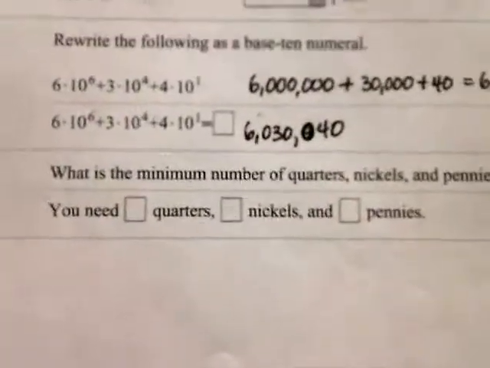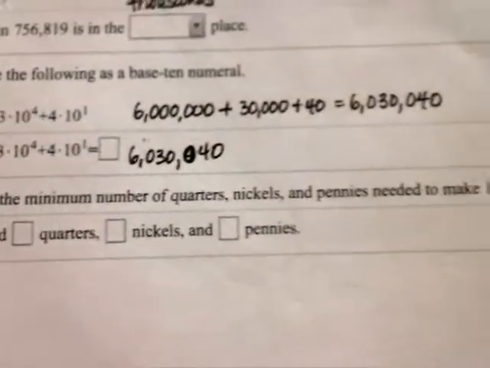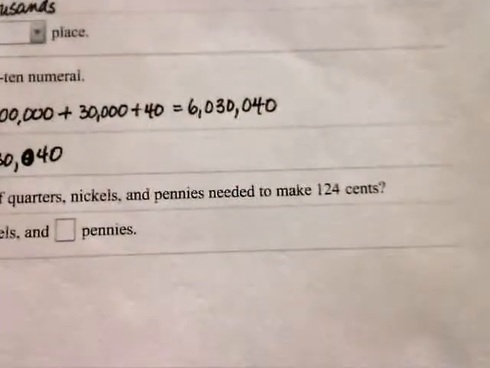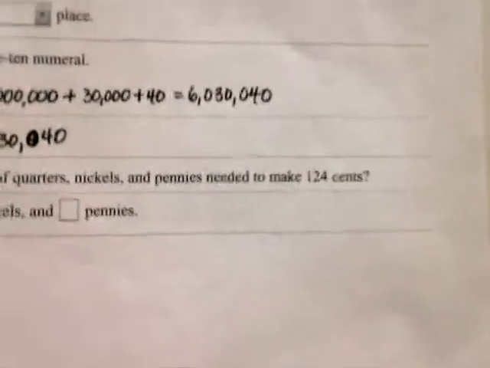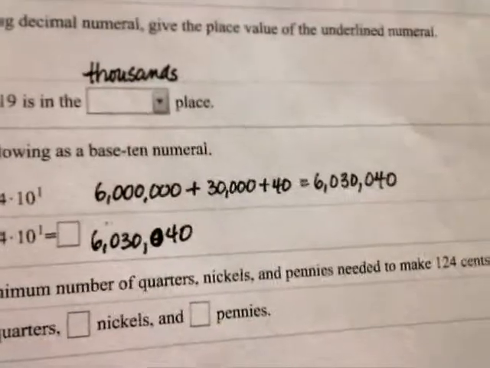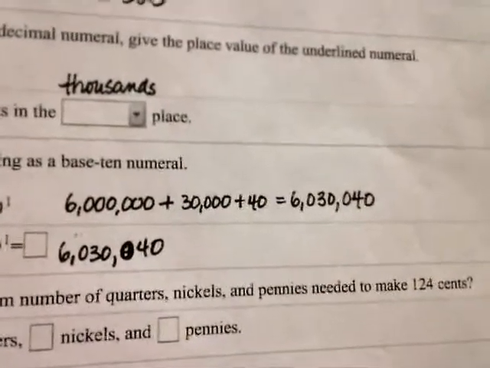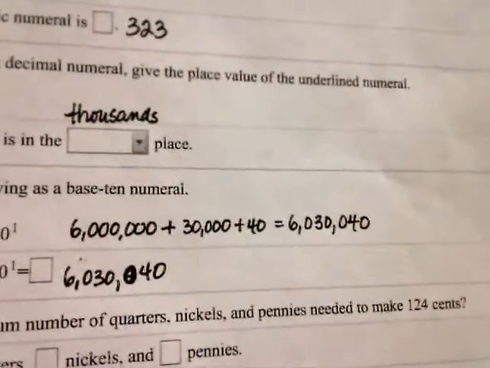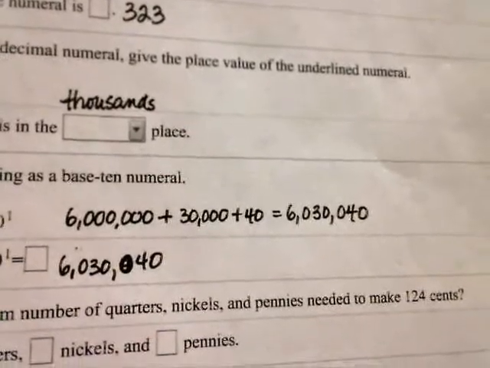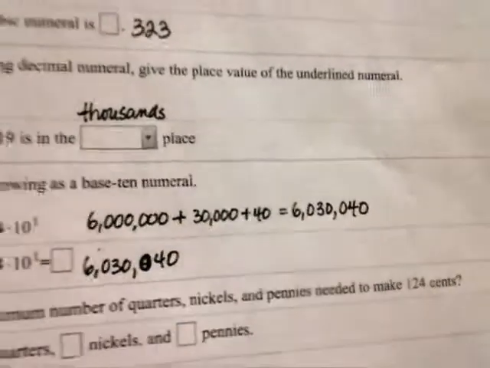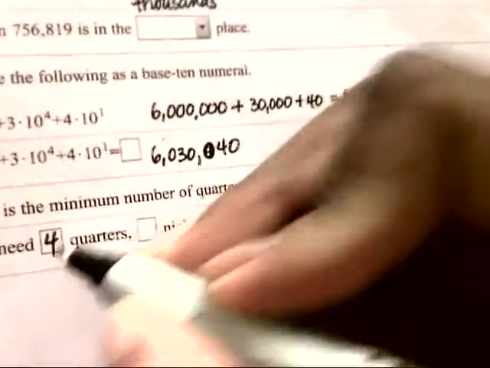All right, number 6. What is the minimum number of quarters, nickels, and pennies needed to make 124 cents? Okay, let's look at the number of quarters that we need. There are 4 quarters that will make up $1. So we're going to need 4 quarters.